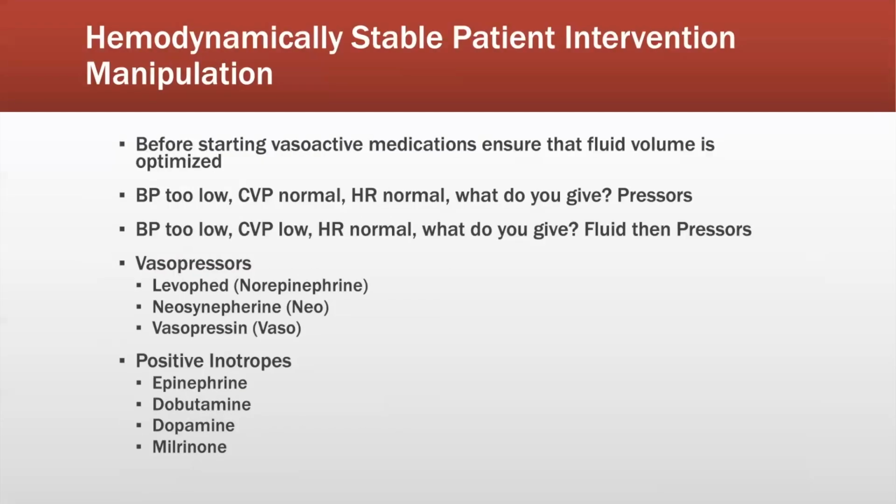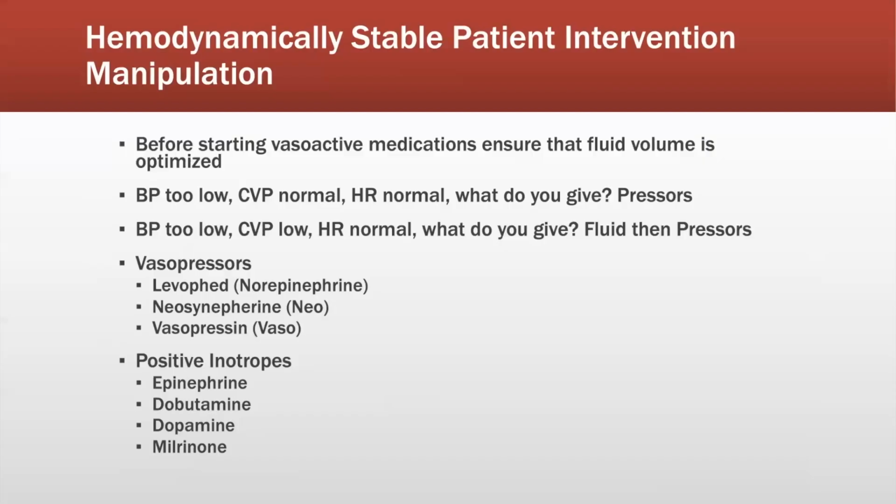All right, so for hemodynamically stable patient intervention manipulation, that's a really, really long title, right? Before we start giving these patients vasoactive medications that will either increase or decrease their blood pressure, we need to make sure that our volume status is optimized. If our blood pressure is too low, but our CVP is normal and our heart rate is normal, what are we going to give?